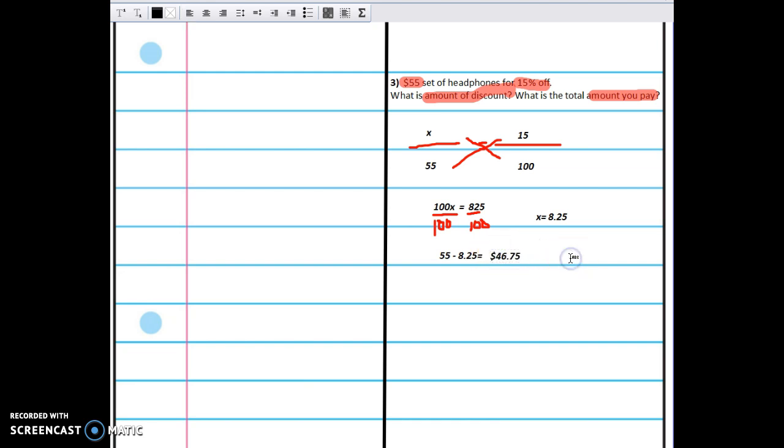So now if this were your test, you would definitely want to show all the work. You would get 1 point for having your proportion set up right, another point for showing the work with the equation, 1 point for correct answer for the amount of discount. Then the final point would be right here when you determine the sales price.